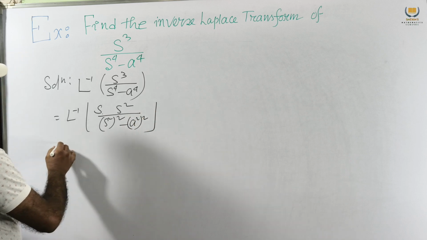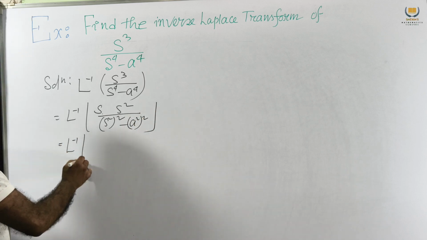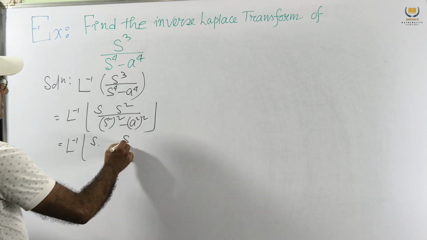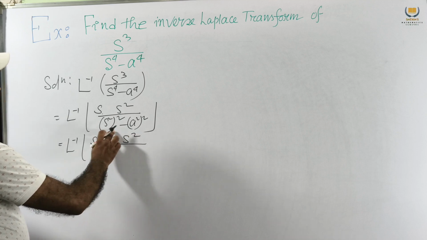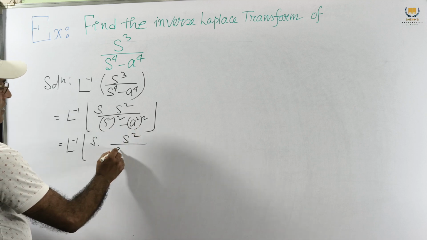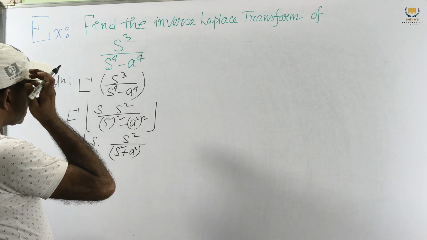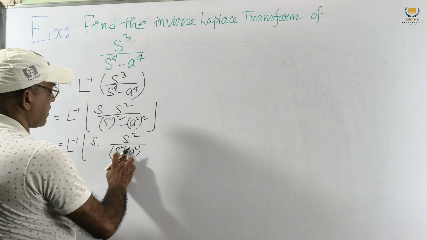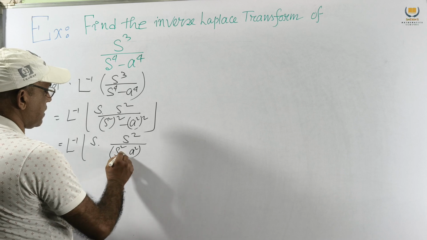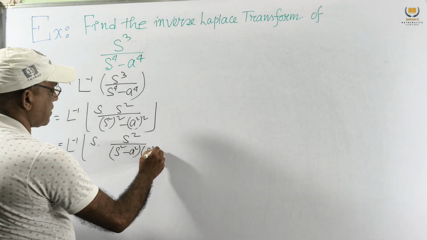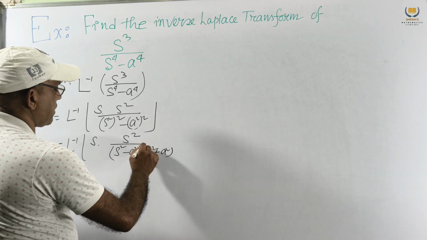We take s outside, and use the formula a square minus b square, which is a plus b times a minus b.